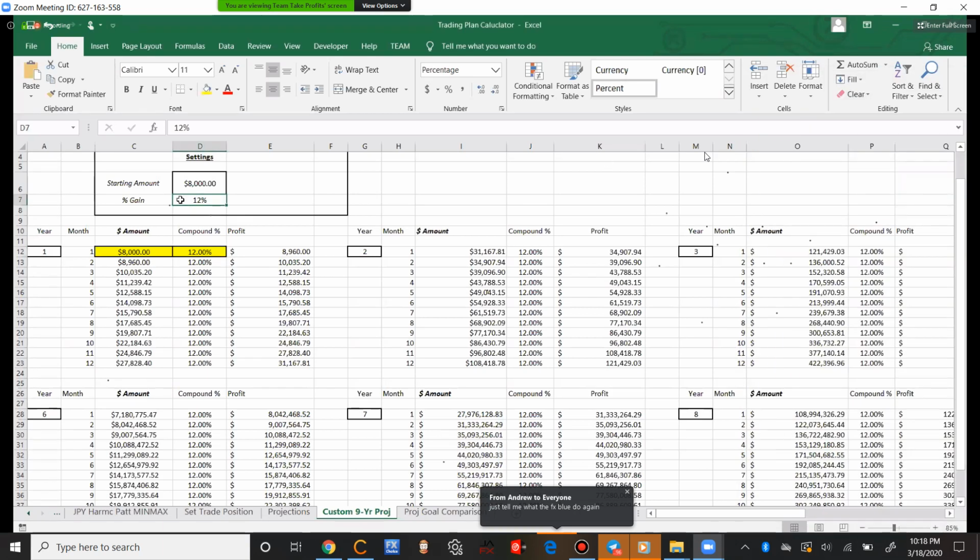But the chance you're blowing up your account goes way up. So yeah, Ruben, this number represents 12% overall for the whole month. So you literally could be trading 5% a day, and come out at 12% every month, kind of thing.